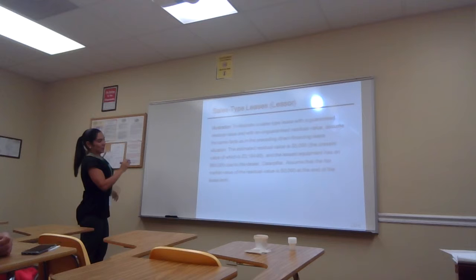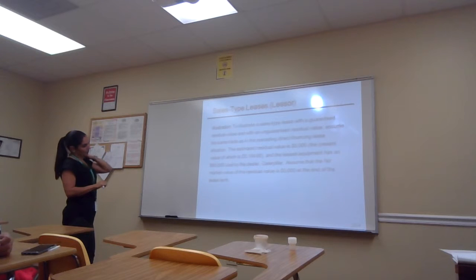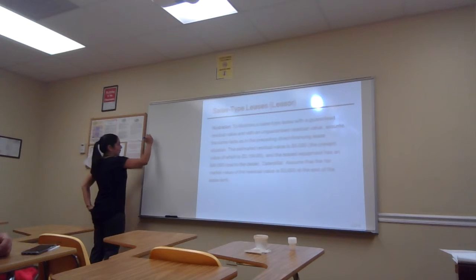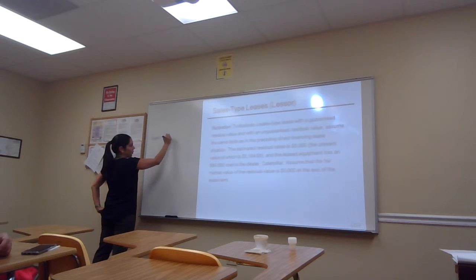Okay, so in this case, it's guaranteed residual value versus unguaranteed residual value. Assume the same facts as the preceding direct leasing situation. The estimated value is 5,000, the present value of which is 3,104. So it's telling us that our residual value is 5,000. Its present value, which we already calculated before, is 3,104.60.